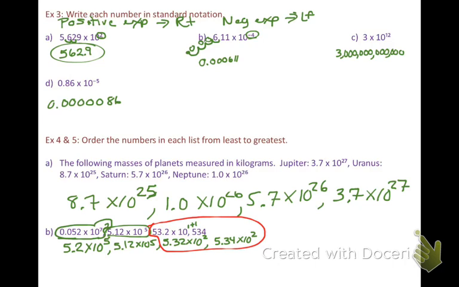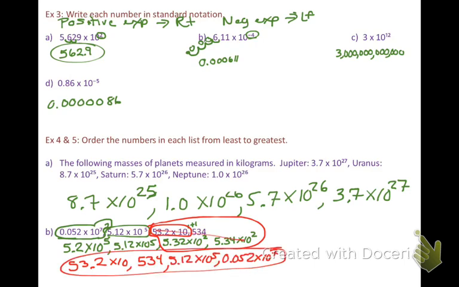Okay, which one has the smallest number? 5.32. Turn it back into the original number. So it's going to be 53.2 times 10. Now do the rest that way, please. Here's your answer. Please put it on pause. Check and see how I got those answers.